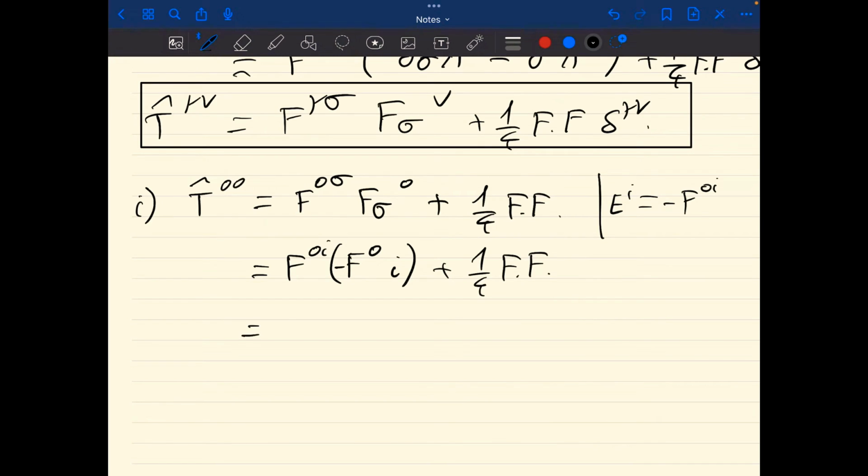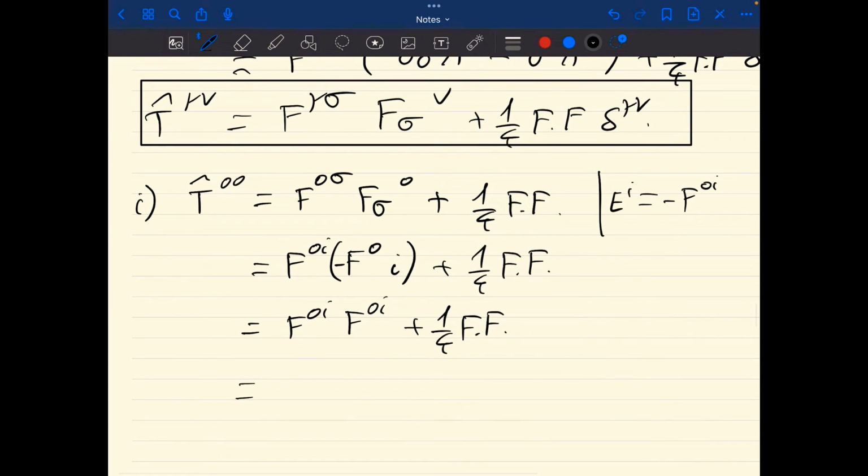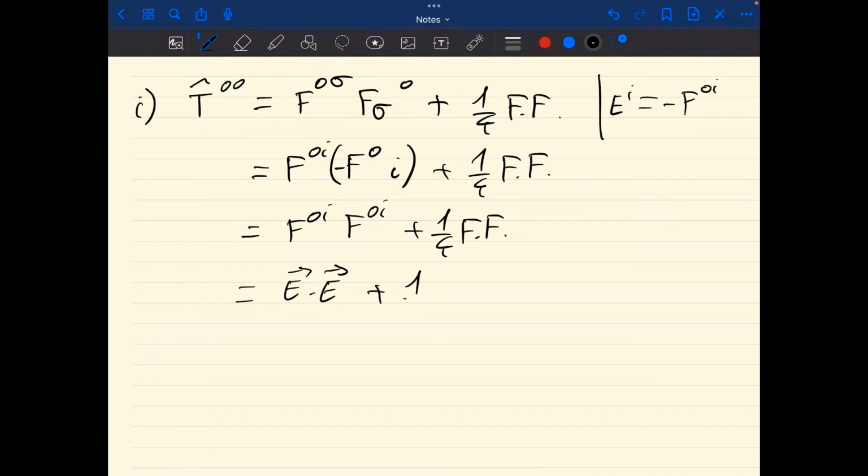Now, for the spatial components, if we want to express it with the index i on top, it takes another minus sign, so it's actually F^{0i}F_{0i} in the end. And that's therefore just E scalar E. So we just need to compute FF.